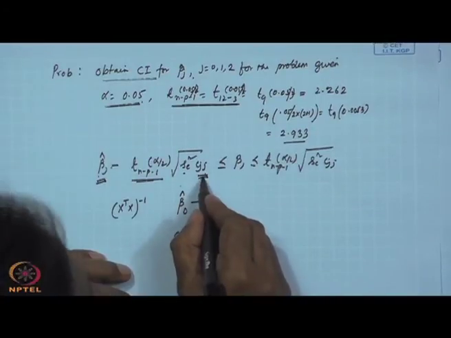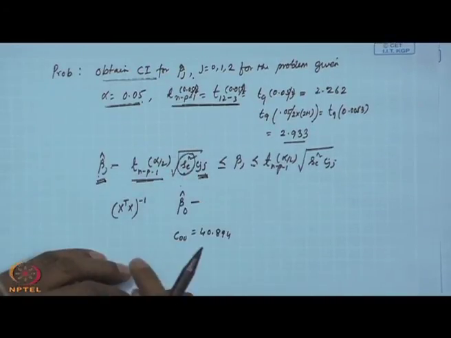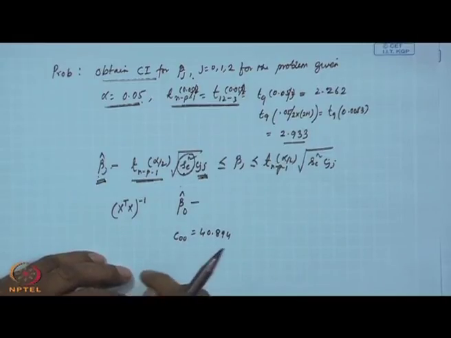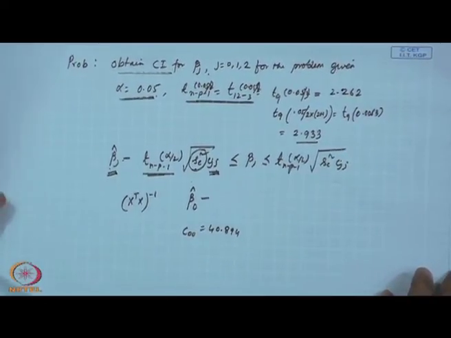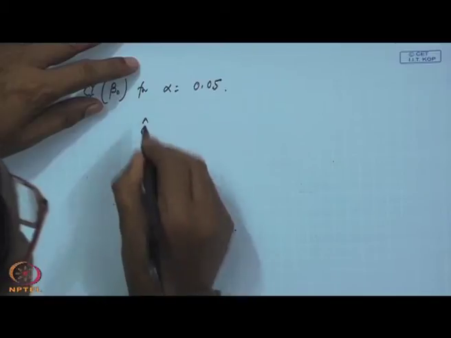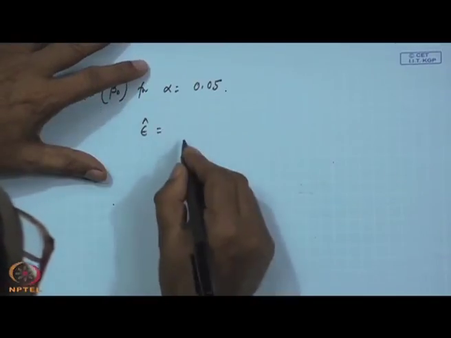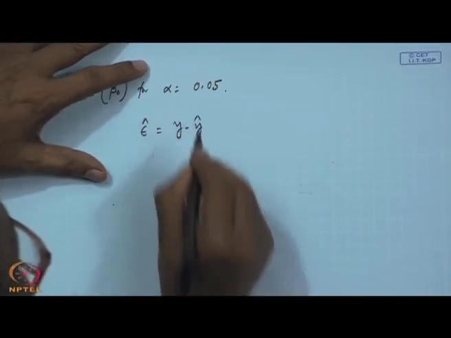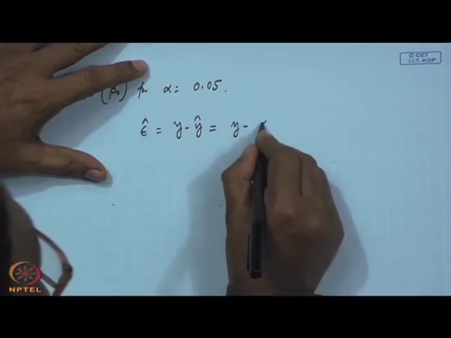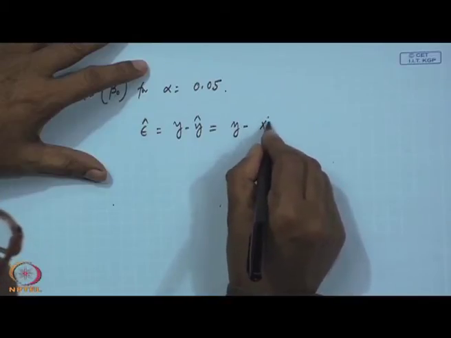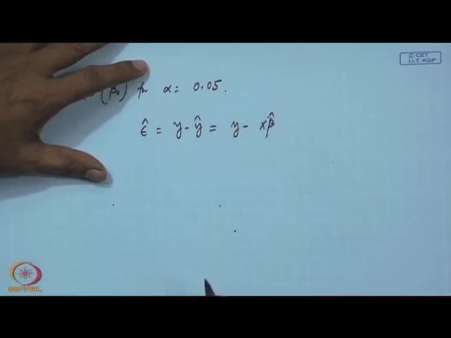So, you will take these values from this matrix, but you also require to know sigma cap square. What will be the sigma cap square value? Correct. So, for sigma cap square you have to find the error. For this you require to find epsilon cap. Epsilon cap is y minus y cap, which is y minus X beta cap.